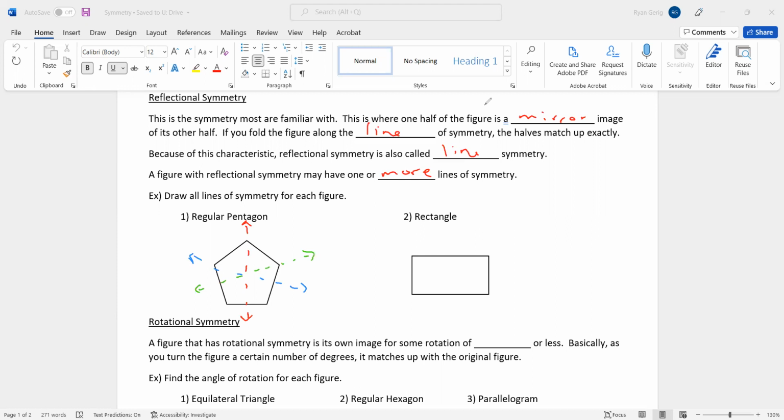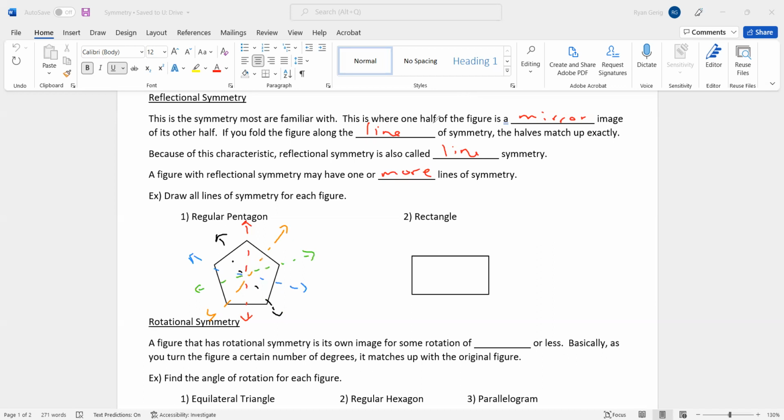And another one. And let's see, another color. Let's go black. Another one. 5 lines of symmetry. And there's 5 points. Is that always the case?